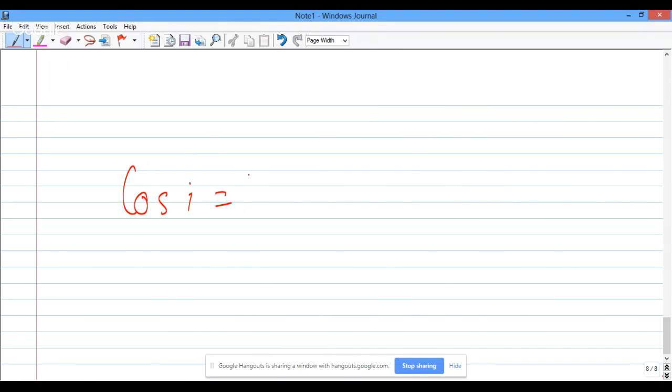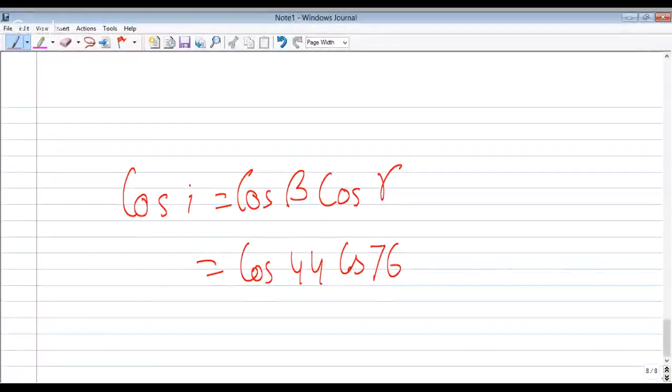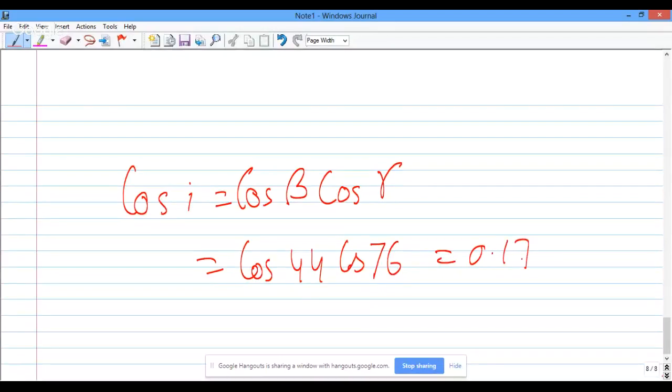And it becomes cos of beta and cos of gamma. So beta is 44 degree, cos 44 degree, and cos of gamma, if it is, let us say, a south facing wall, then this will be 76, cos 76. So incident angle will be something like this, right? And this equals 0.174.